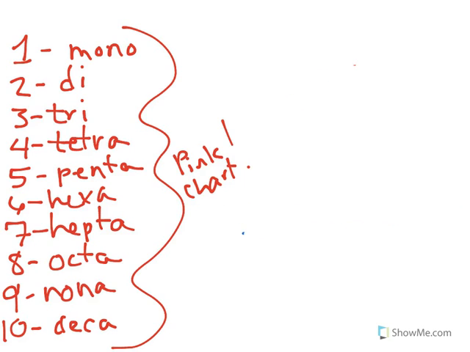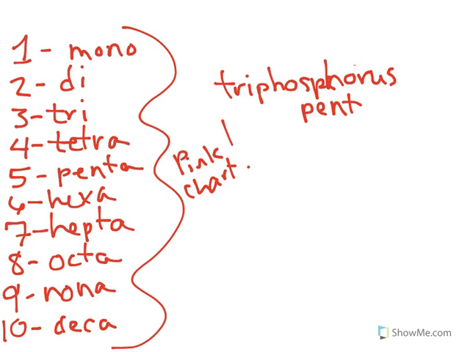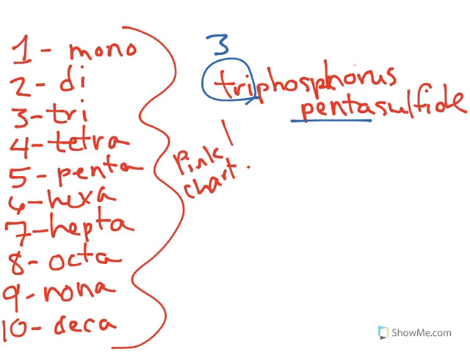Going back the other direction, super easy as well. If I have, for example, triphosphorus pentasulfide, okay, I find that means 3, so I have 3 phosphorus, and that means 5, and I have 5 sulfur.